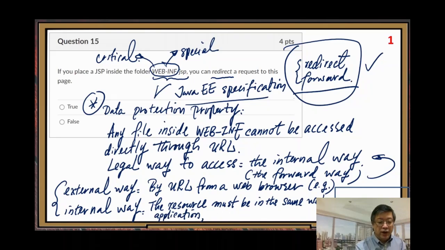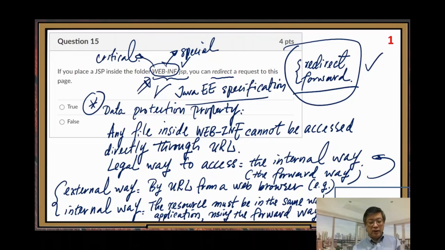So here you can see this folder must be in the same web application, right? Another resource in the same web application can access the resource in this folder using the internal way, and more specifically, using the forward way.